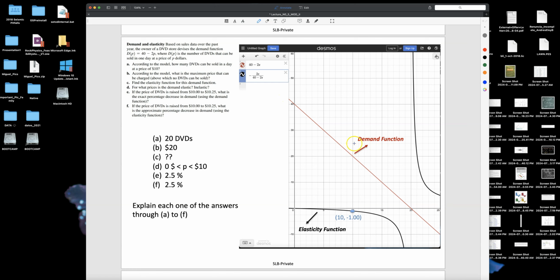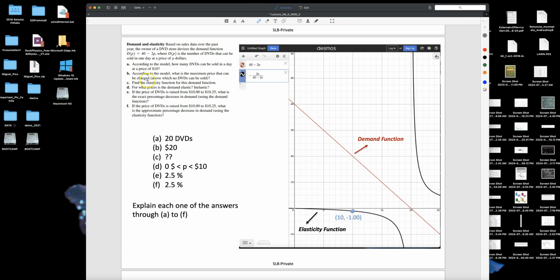Okay, and this is what I get. So this red line represents this linear function. And as you can see, as I told you, this linear function is a decreasing function that decreases at a constant rate of -2, right? Based on the price. That's it.